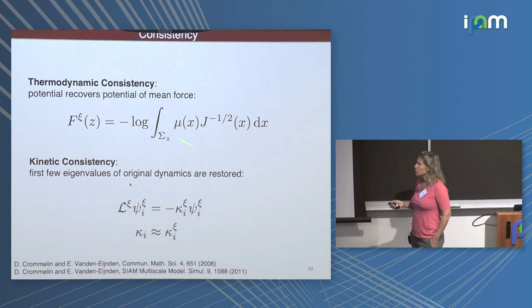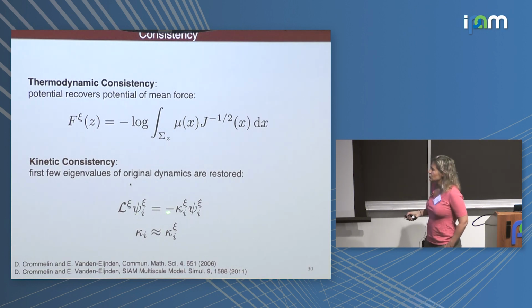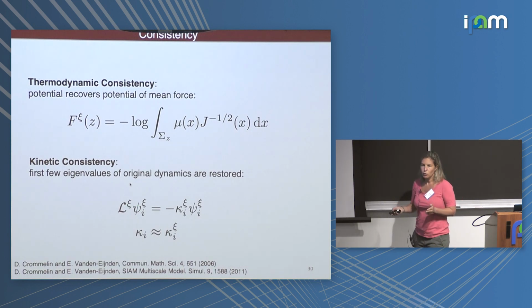In addition to preserving the thermodynamics, we would like to preserve the slow modes that are given by the eigenfunctions and eigenvalues of the dynamical operator acting on the system. And so if we know the slow modes, we would like to design a loss function that preserves the slow modes.